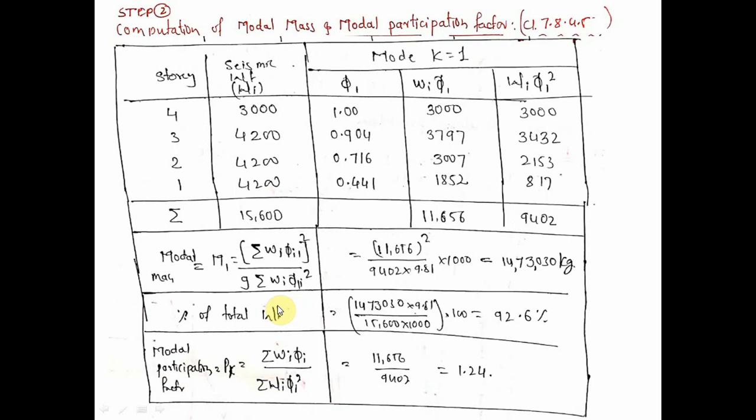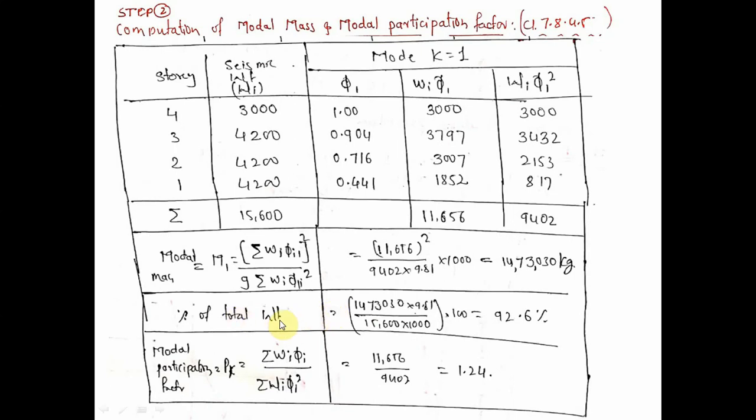Now percentage of total weight. Why are we calculating this? It should indicate at least 90% participation in all three modes together, mode 1, mode 2, mode 3, so that we get fairly accurate and reliable results.